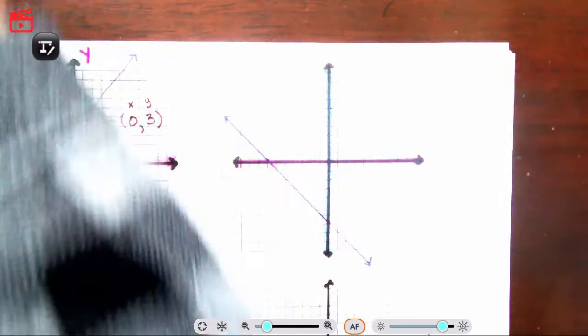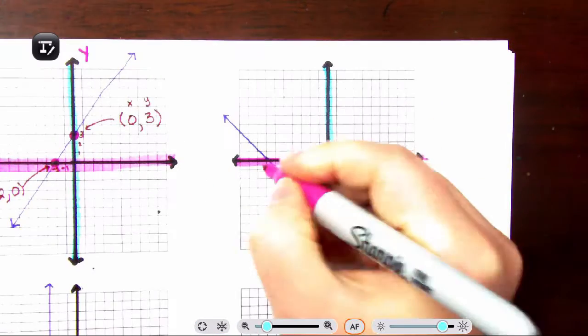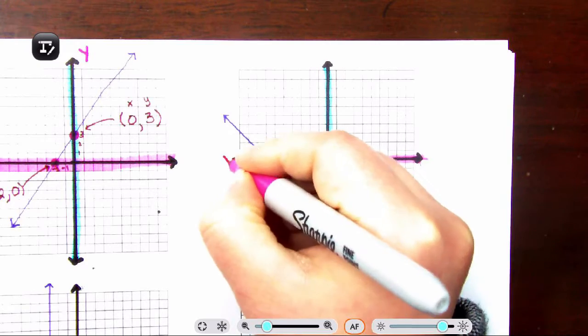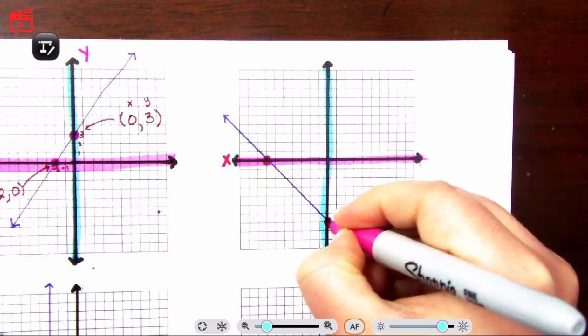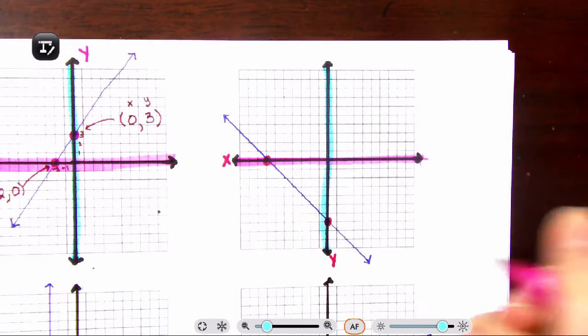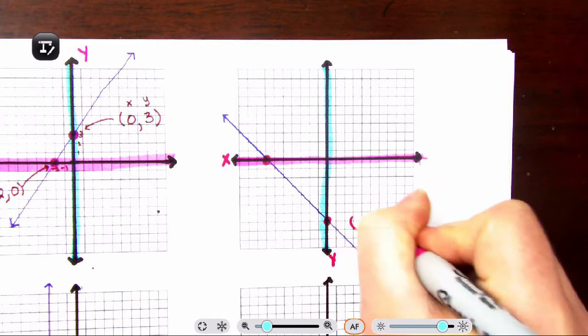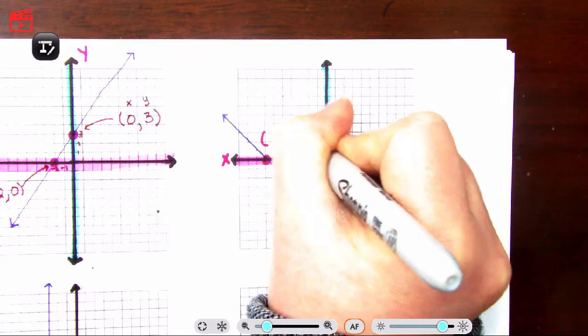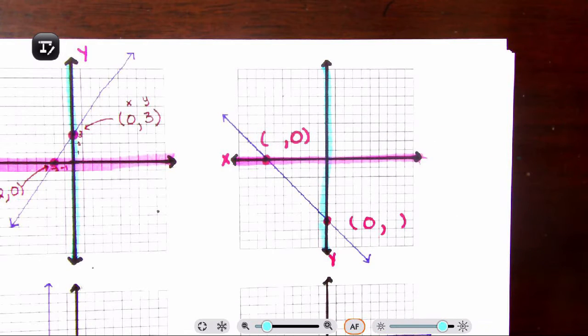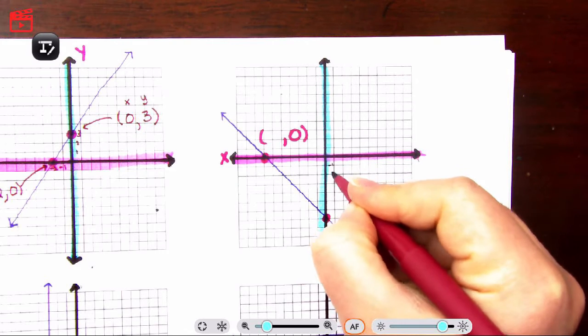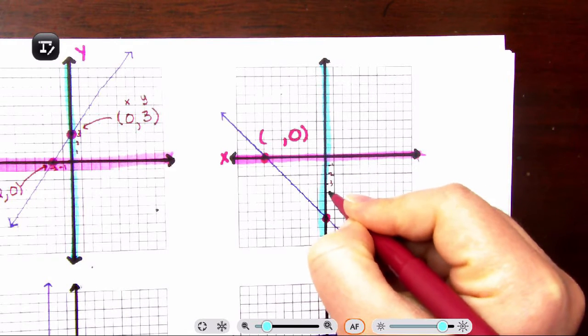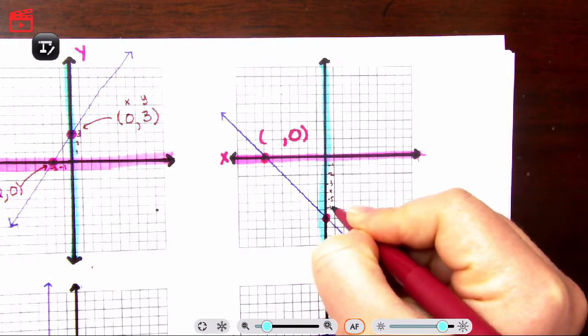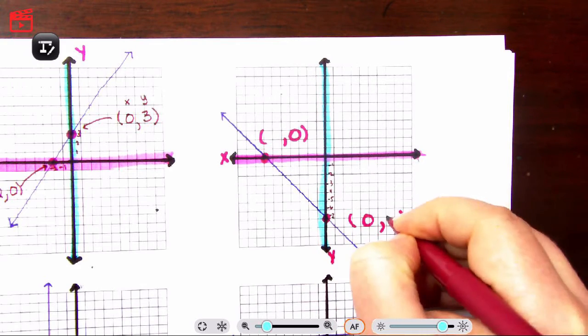And let's see where they intersect. So here's a point on the x-axis. Here's a point on the y-axis. So for your y, your x is 0. For your x, your y value is 0. Now in here, we're going to write the numbers of where these are at. So this is -1, -2, -3, -4, -5, -6, -7.